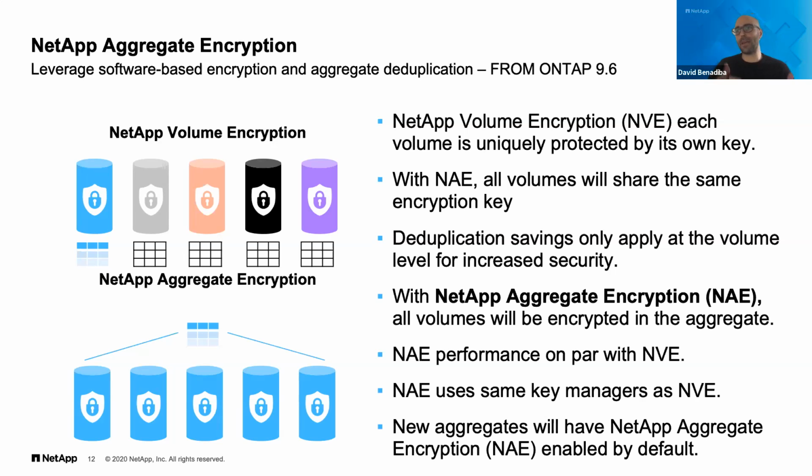To bypass this phenomenon, we have created what we call NetApp Aggregate Encryption. NetApp Aggregate Encryption provides one single key to encrypt all the different volumes stored in one single aggregate. So if I'm writing the exact same bytes and the exact same blocks in volume A and in volume B, because I'm using the same key, the blocks are going to be exactly the same, even after encryption.